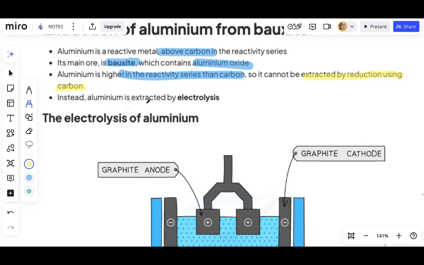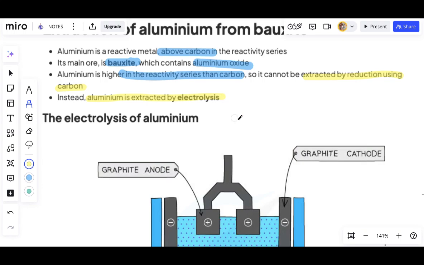So instead, aluminium is extracted by electrolysis. You find this in multiple choice questions. Which of the following can be extracted by electrolysis? A, zinc. B, copper. C, silver. D, aluminium. The answer is aluminium. We should know because aluminium is higher than carbon in the reactivity series.